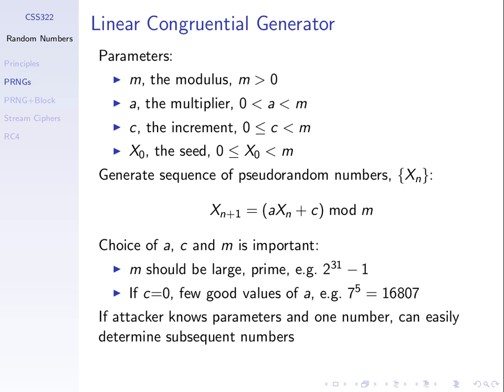With this pseudo-random number generator, or with any sequence that we want to generate, we'd like to get a long sequence, a sequence with a long period, so that we generate numbers that are different.